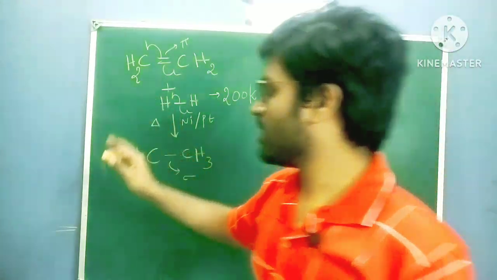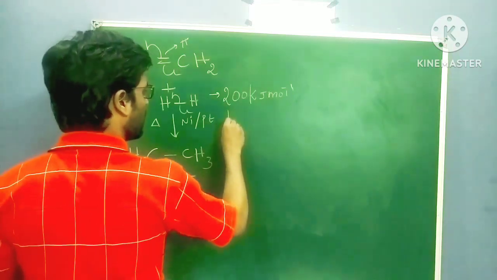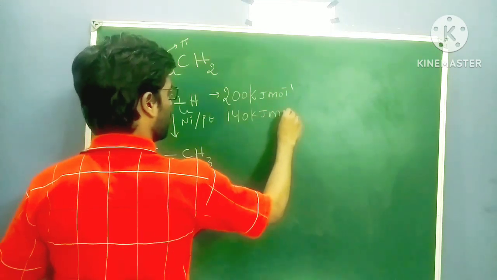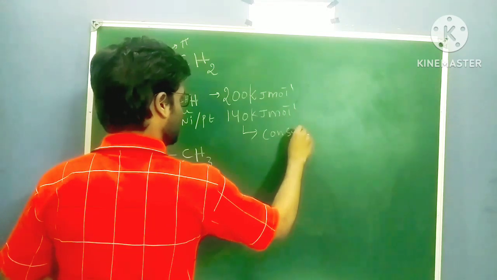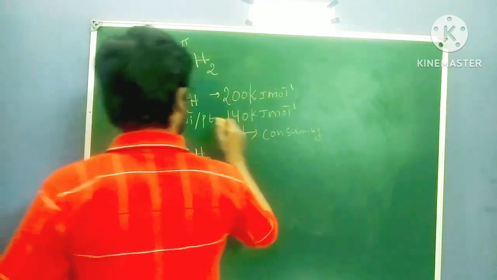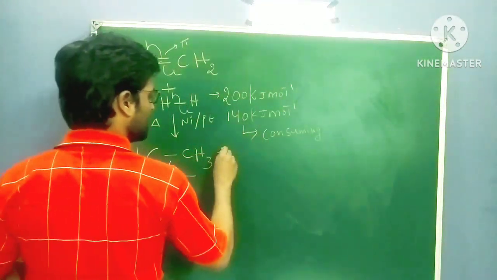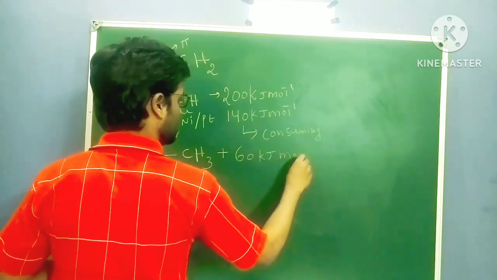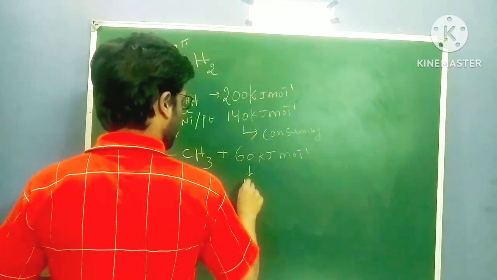Suppose this reaction is utilizing 140 kilojoule per mole of energy. That means 140 kilojoule per mole is being consumed in this reaction. 200 minus 140 is 60 kilojoule per mole. So 60 kilojoule per mole is releasing here, and the released energy is nothing but your heat of hydrogenation.